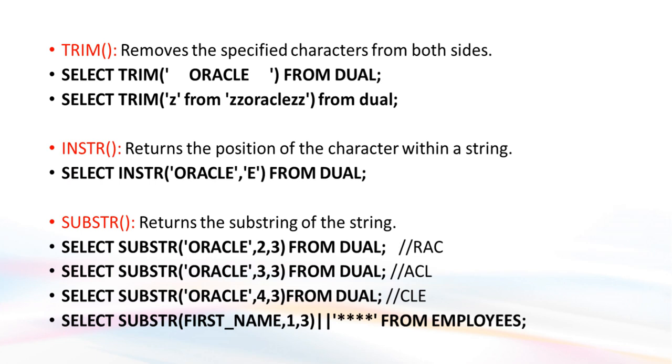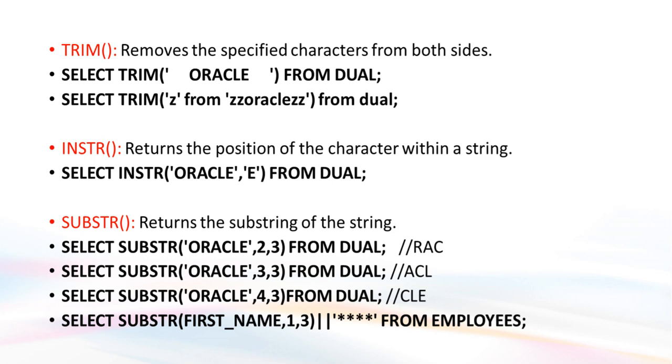For example, select TRIM of Oracle, where before Oracle I have given some spaces, and after the string there are also some spaces. When I use the TRIM method, it will remove the left side and right side spaces, and give you the exact string value. So if you have spaces in a string and want to remove them, you can use the TRIM function.